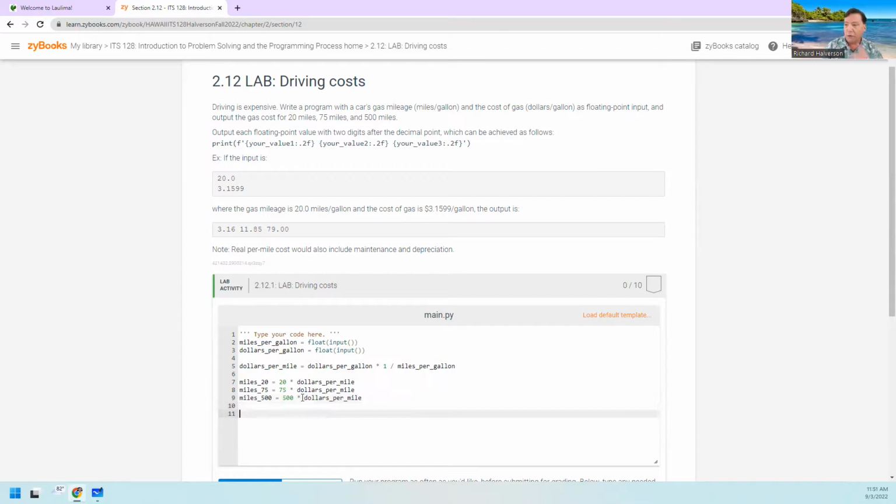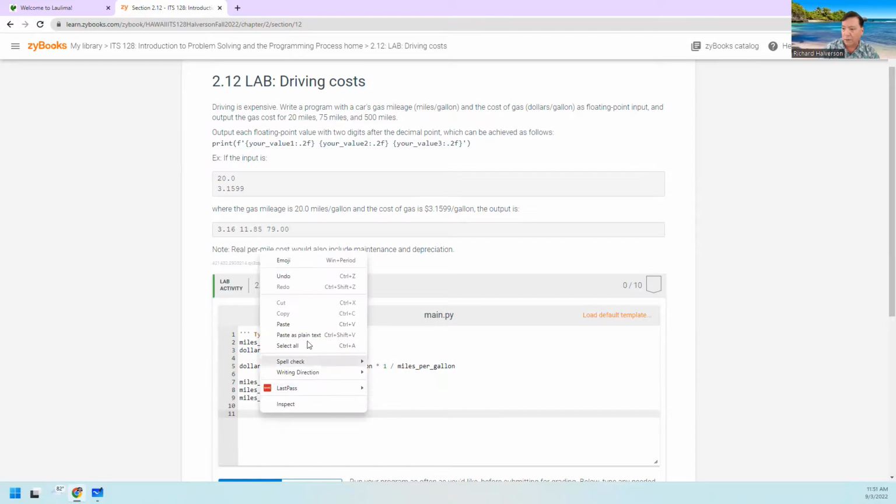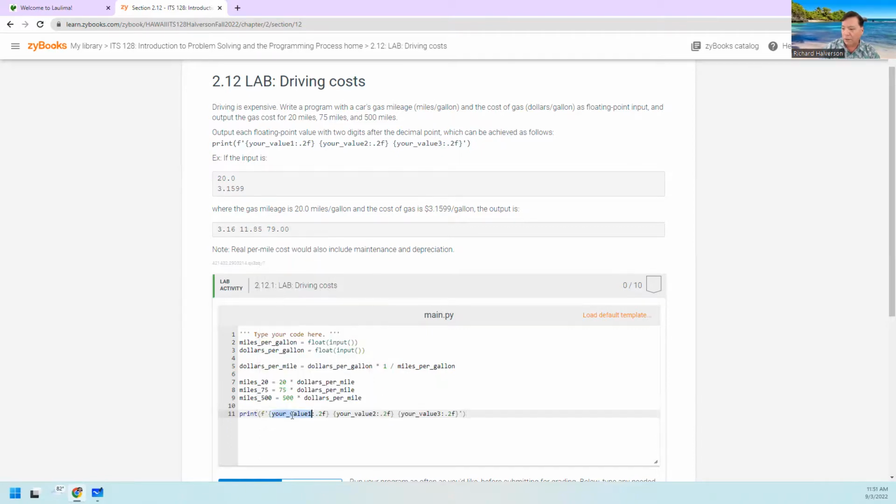Alrighty. And then they want me to print it out this way, so I'm just going to copy and paste. It's not your value 1, your value 2, your value 3. It is miles 20, which I will put right there, and miles 75, and miles 500.